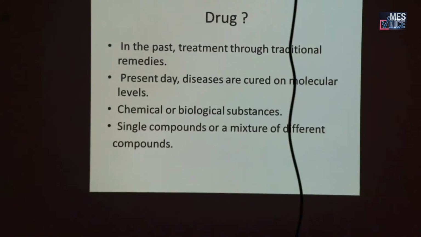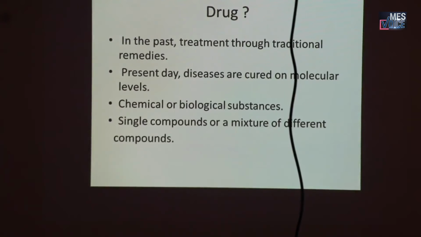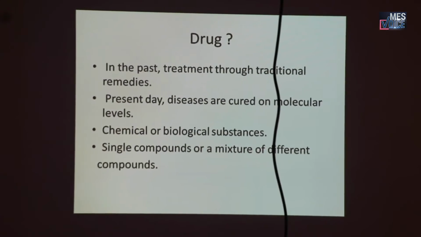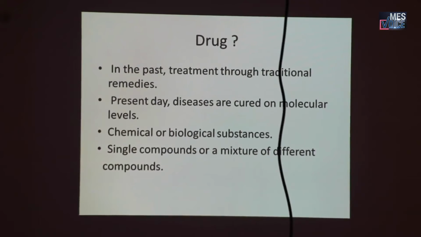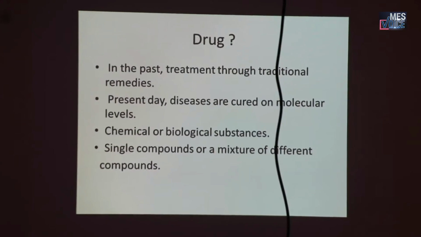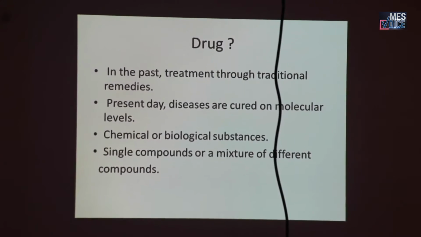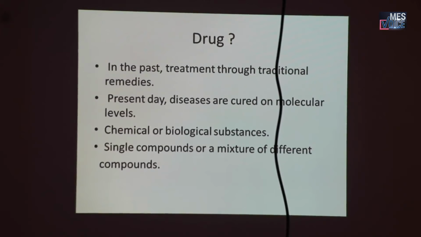Ayurveda is basically based on the tridoshas: Vata, Pitta, Kapha. In modern medicine, that changes to molecular target based drug designing. So we need data like protein structures and chemical structures.